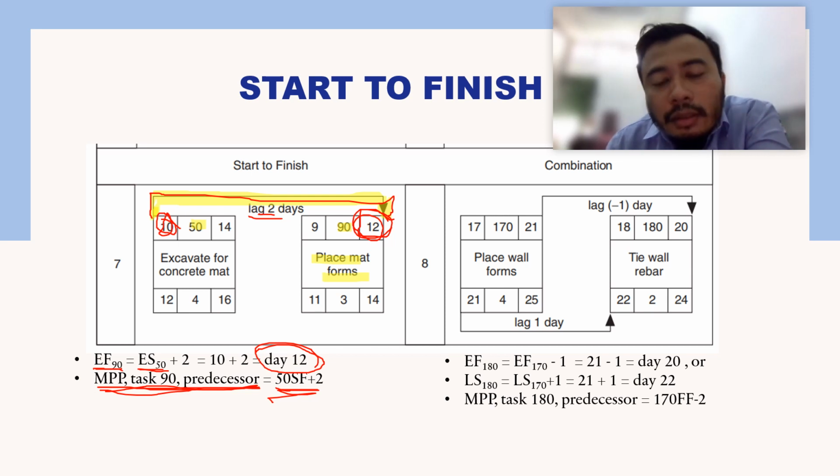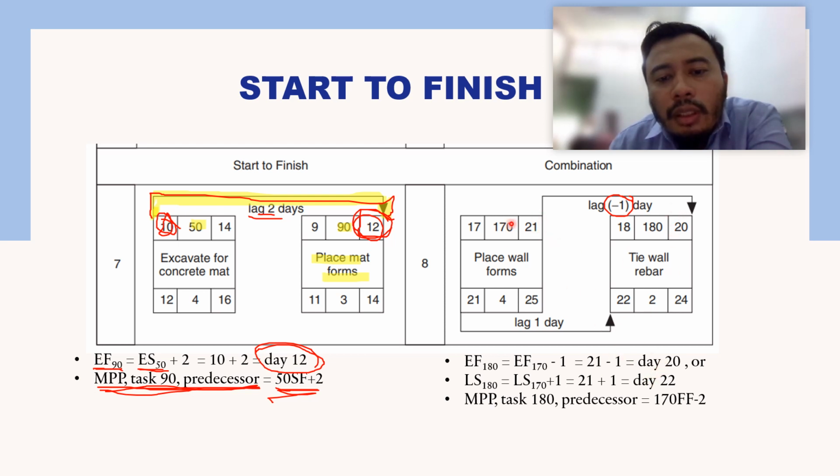Lag or lead can also happen in negative days. For example, the earliest finish for activity 180 is equal to the earliest finish for activity 170 minus 1, which is 21 minus 1.